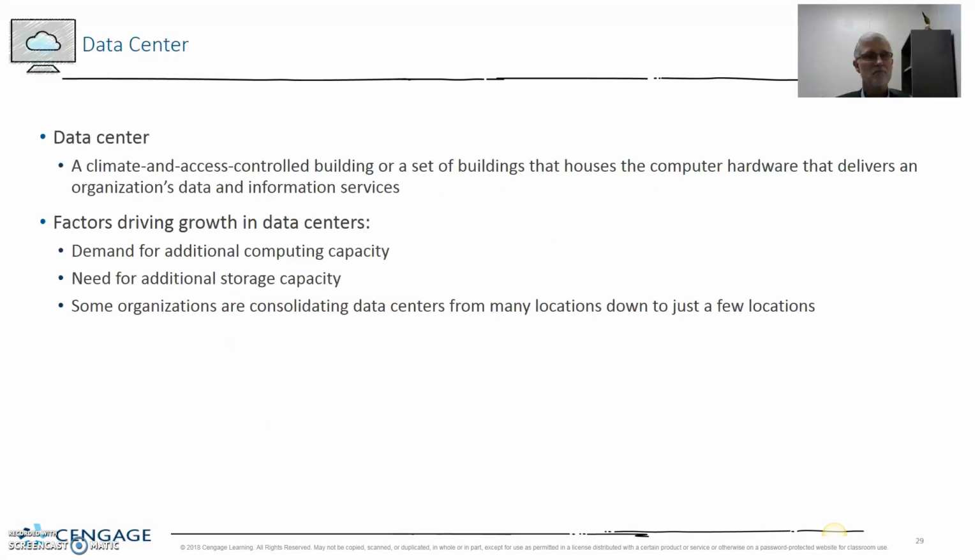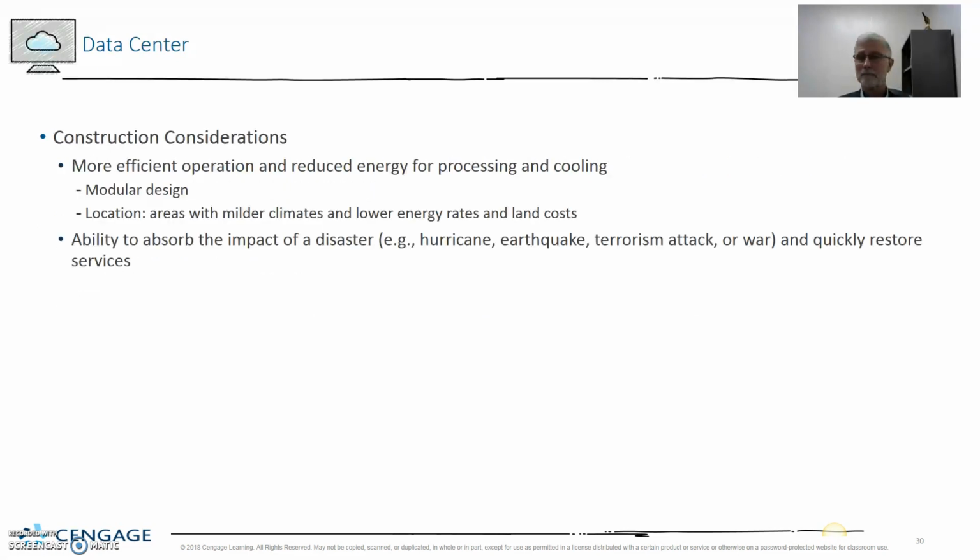The data centers, the biggest thing there is controlled access, secure. You don't have to back up your own data. Of course, having that much stuff, you can handle better operations, better energy, better processing, cooler, and be able to handle disasters better.